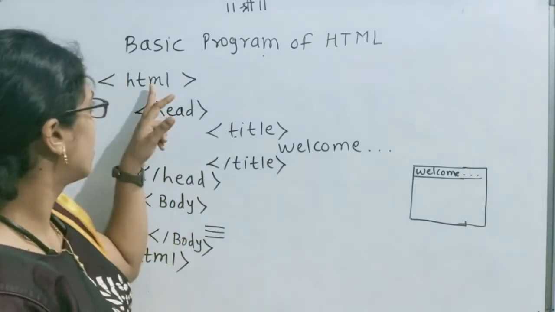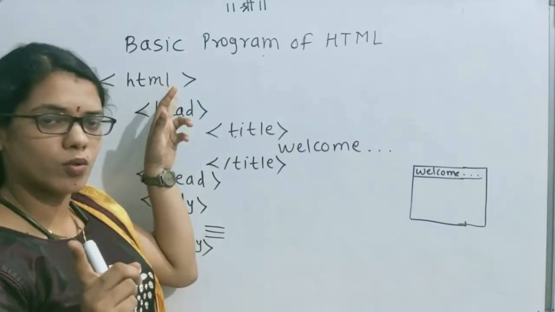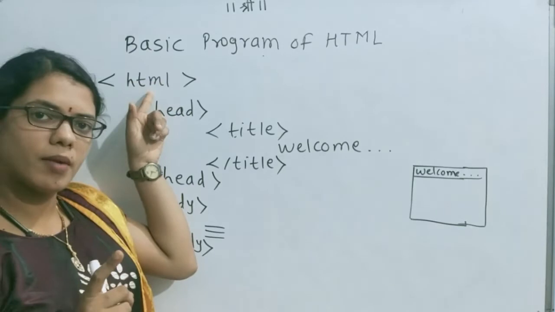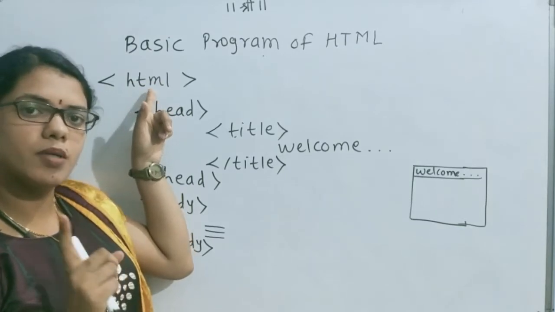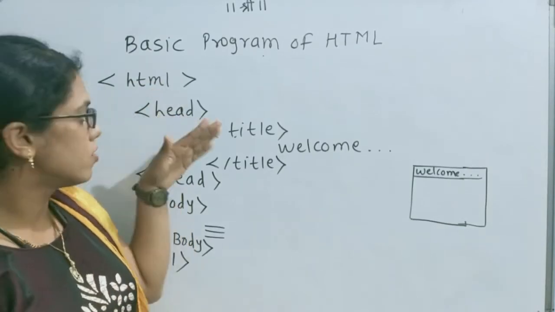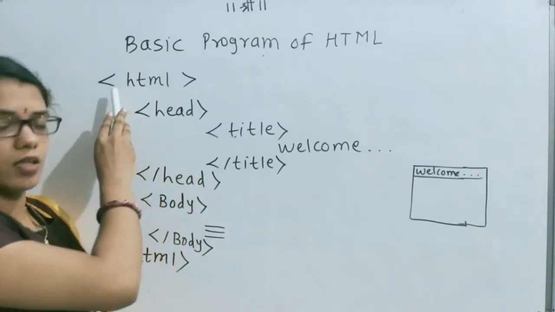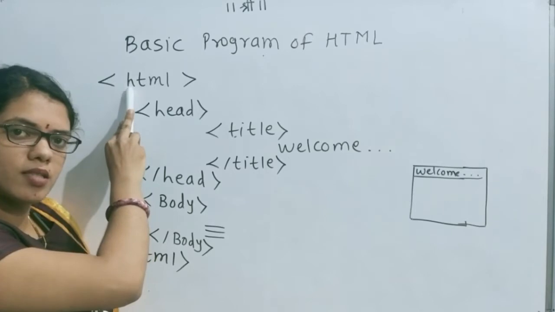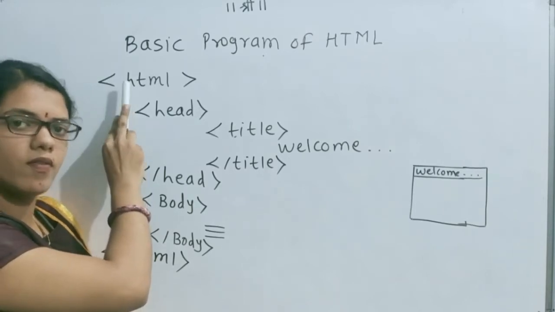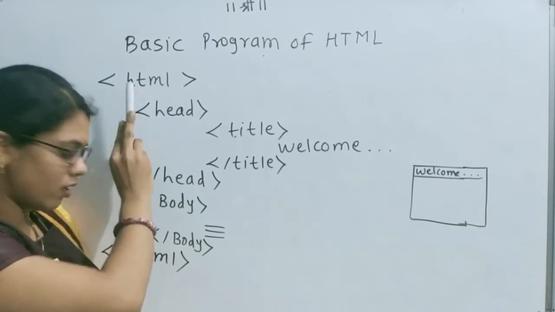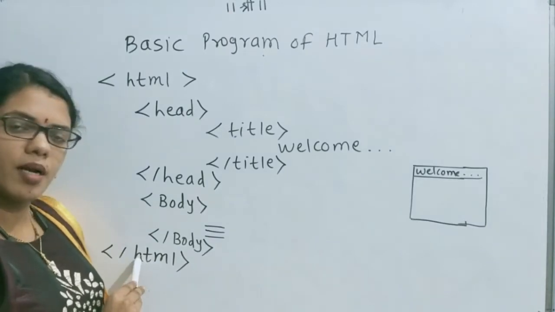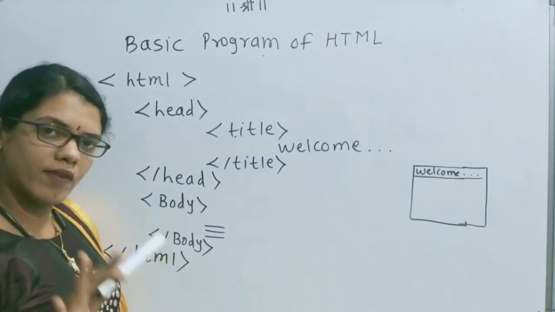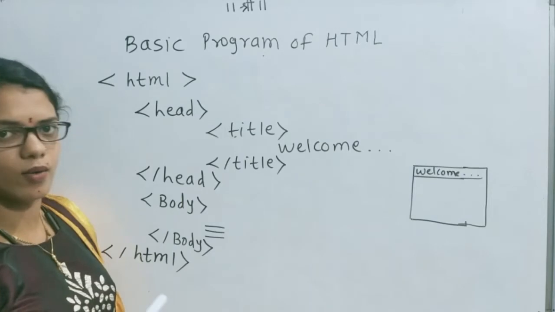For example, as I already told you, first the opening of the HTML tag represents it is the beginning of the HTML file. So in an HTML program, the opening of the HTML tag represents the opening of the HTML file or HTML document, and the closing of the HTML tag represents the ending of the HTML file or HTML document.